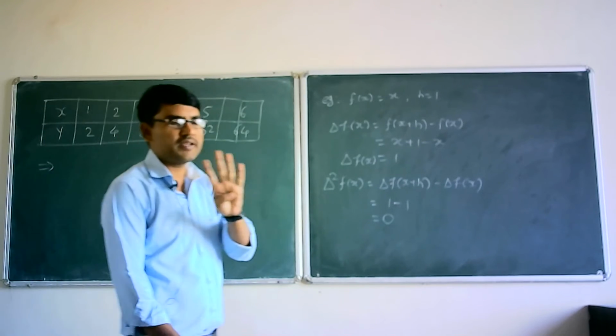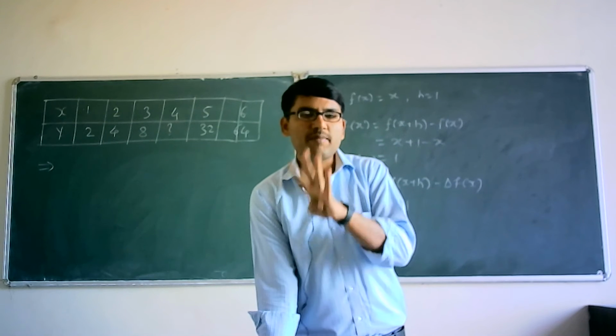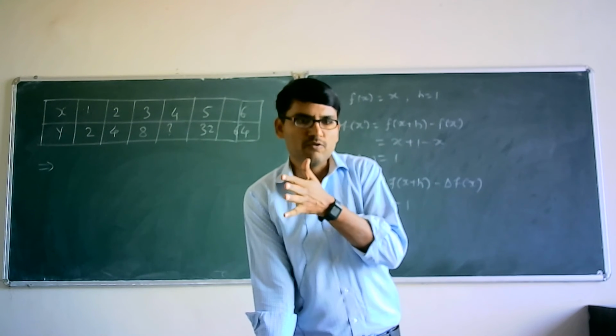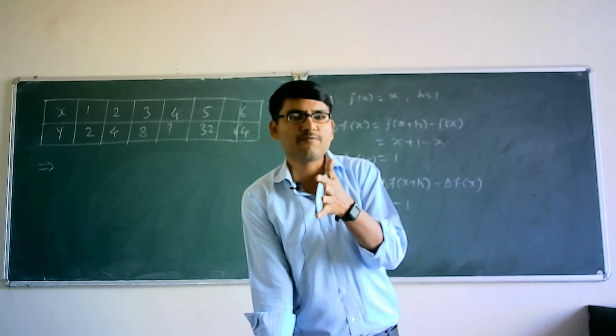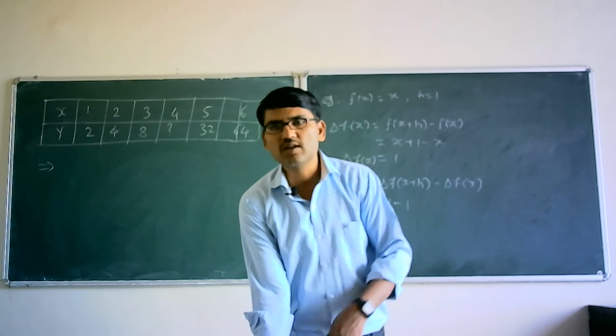Okay, if you are given n values, then it is a polynomial of degree n minus 1. Here 5 values are known, so it is a polynomial of degree 4. When a polynomial is of degree 4, the fourth difference is constant and the fifth or higher difference is 0.